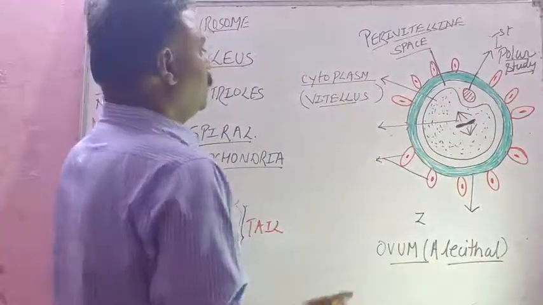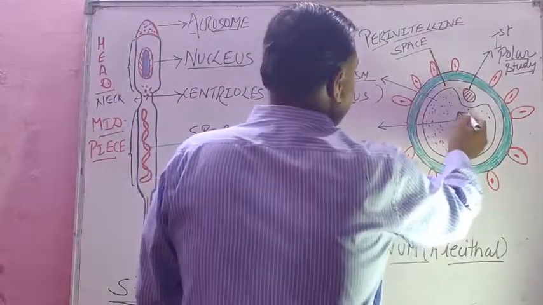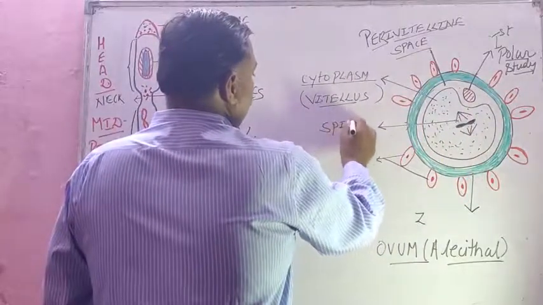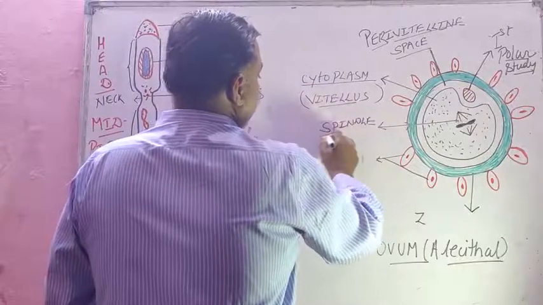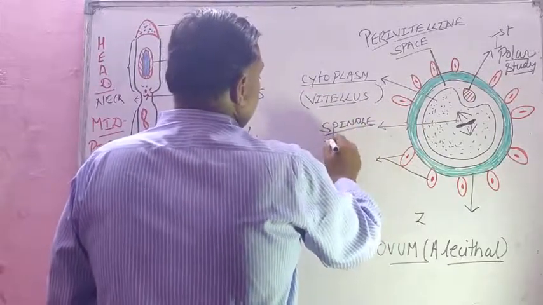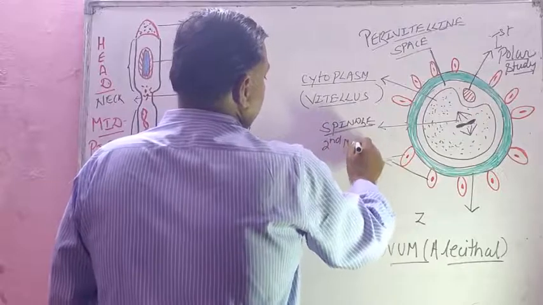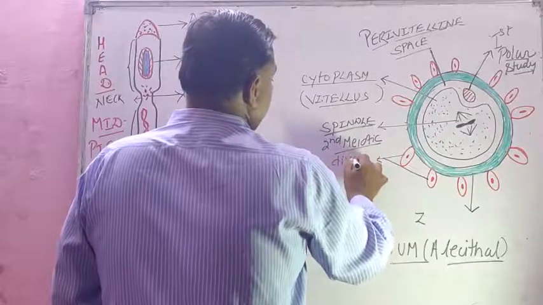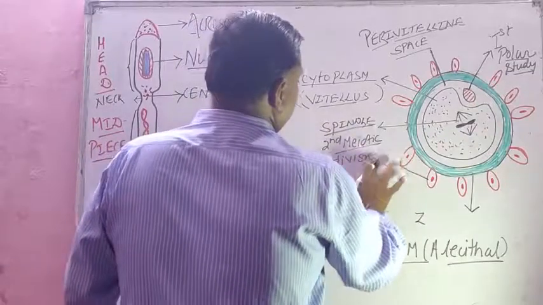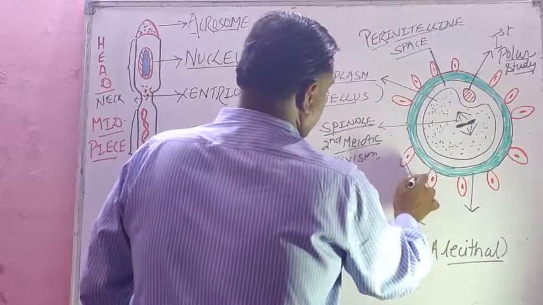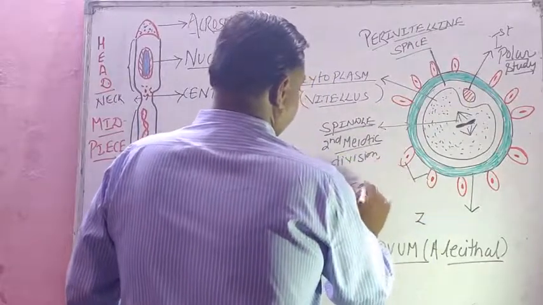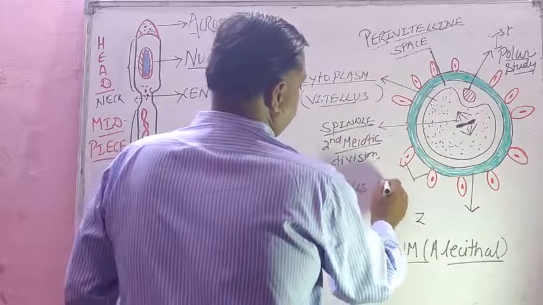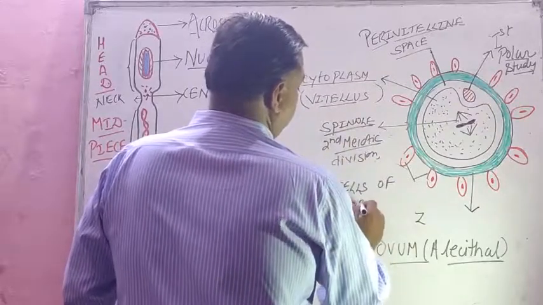Then these are the spindle observed in the second meiotic division. Well, students, these are the cells of corona radiata.